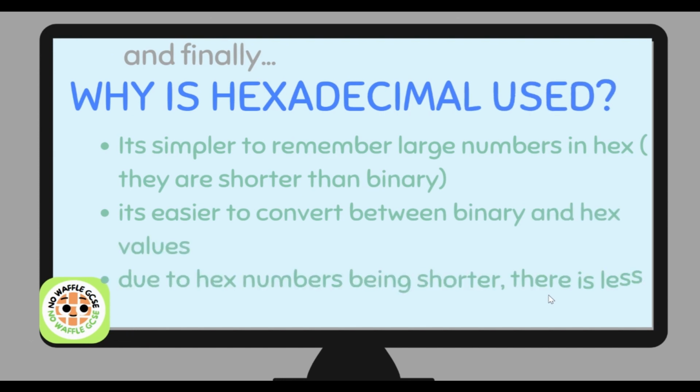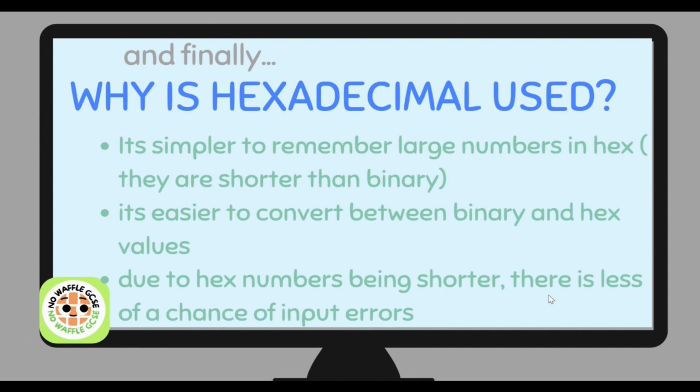And finally, you need to know, why is hexadecimal actually used? What's the purpose of it? So the reason why hexadecimal is used, because it's simpler to remember than numbers in binary, and it's also easier to convert between binary and hex values. So remember, if you wanted to say a number like 10, for example, in hexadecimal it's only the letter A, so it's much simpler to say A than it is to say a 2-digit value.